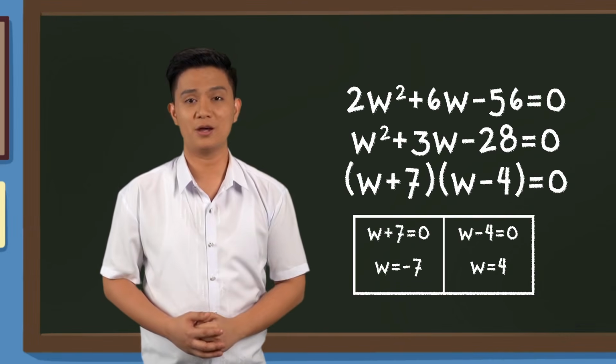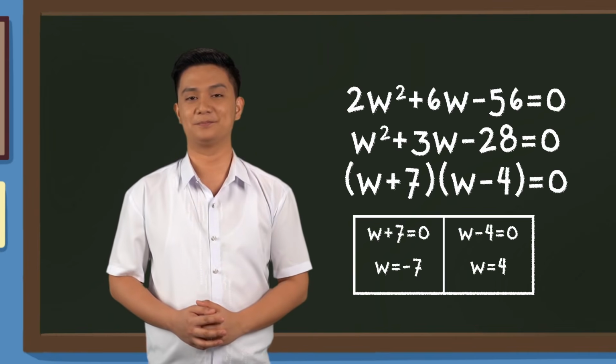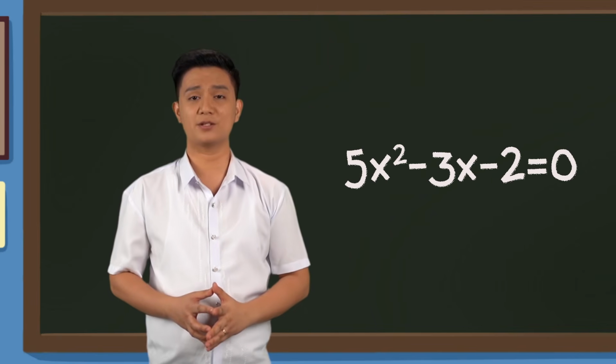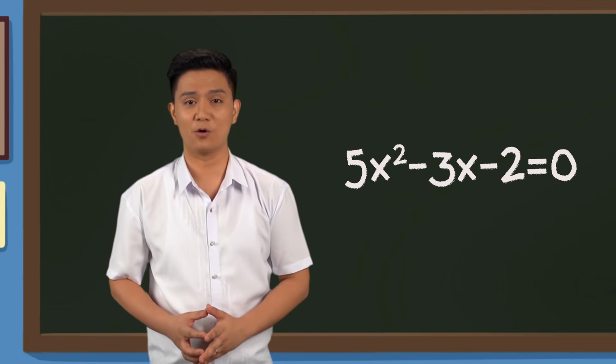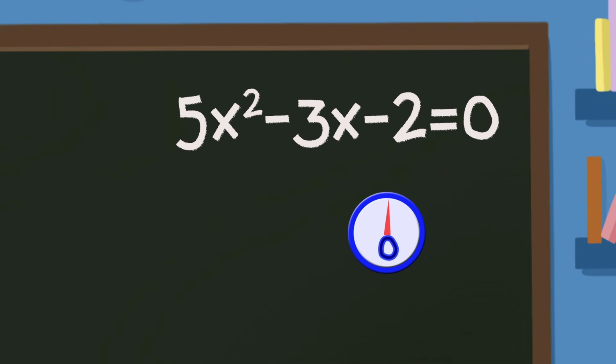Let me show you how I used factoring to solve this equation. 5x squared minus 3x minus 2 equals 0. Kagamath, let's do this.